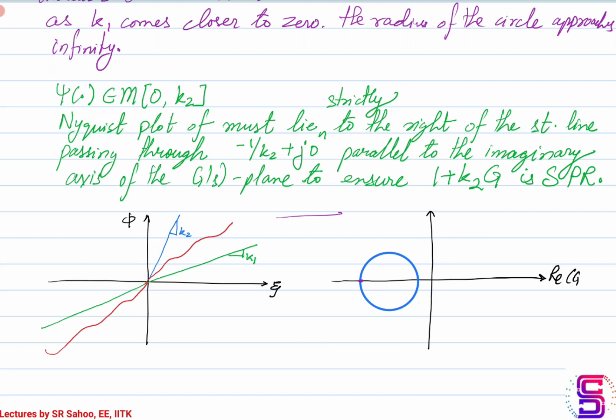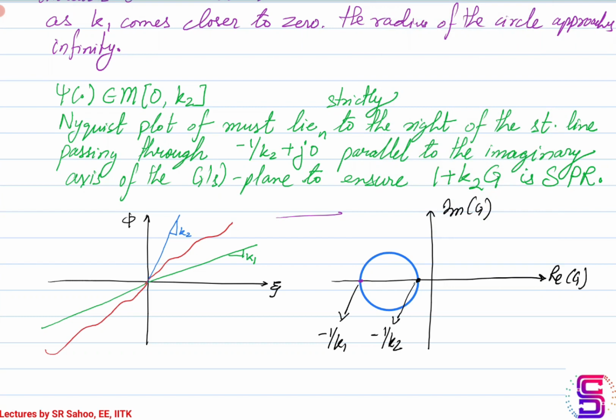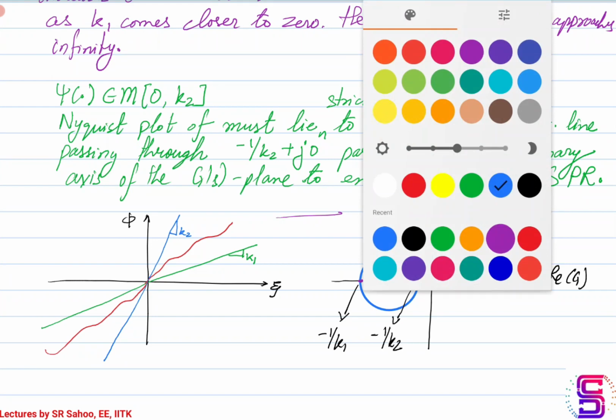Okay, we are all set. So this was the minus 1 by k1 point, and this point was the minus 1 by k2 point. We'll now keep k1 constant and we'll vary k2. So that means the minus 1 by k2 point will see a motion. Okay. So what we are going to see here is what happens if k2 is increased.